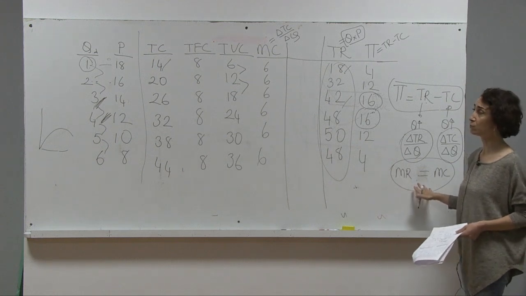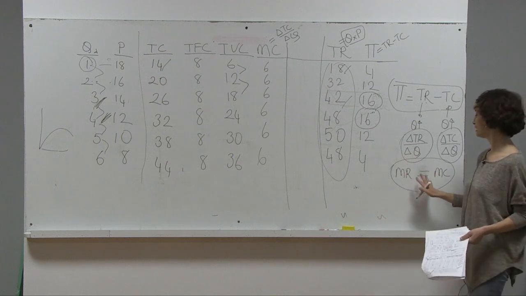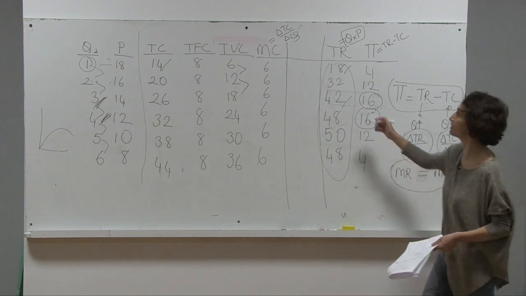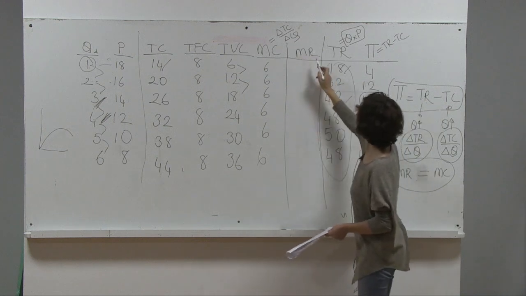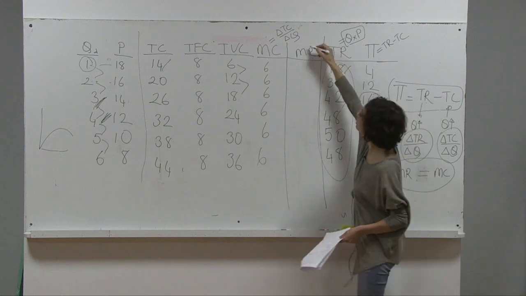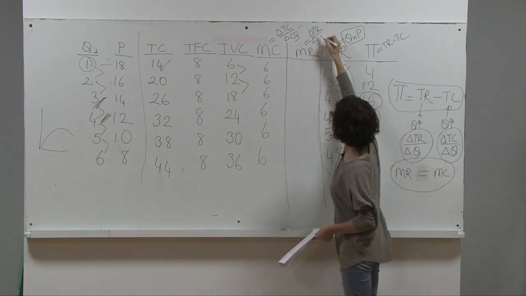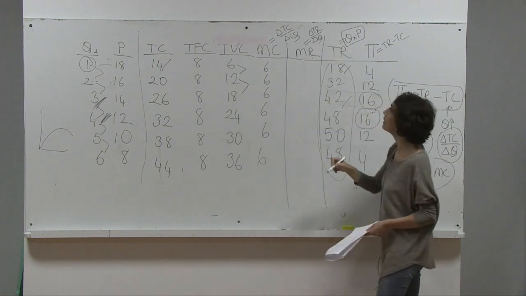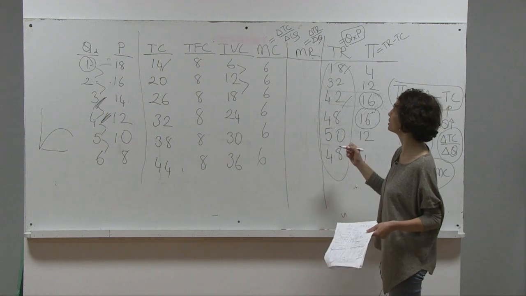This rule is true for any firm. This is where we maximize profit. So here I want marginal revenue. Marginal revenue, by definition, is the change in total revenue in response to a change in quantity. If I produce nothing, my total revenue is 0.